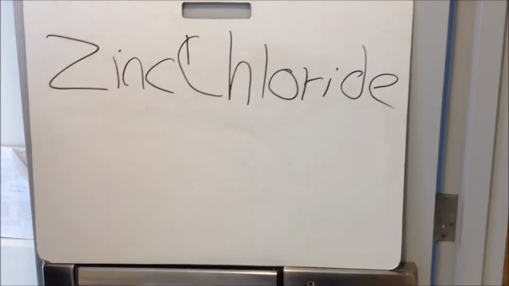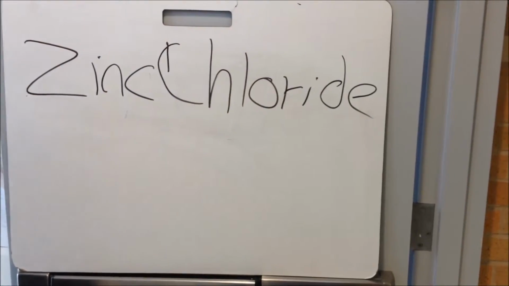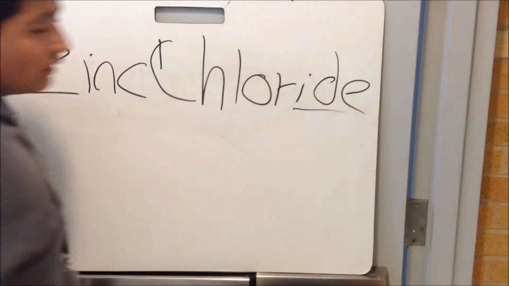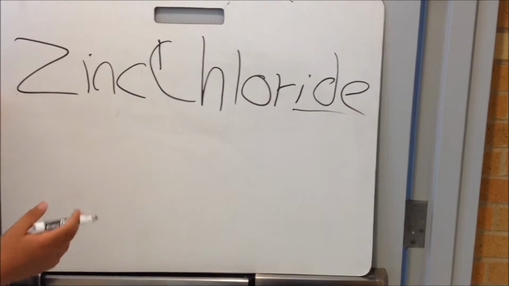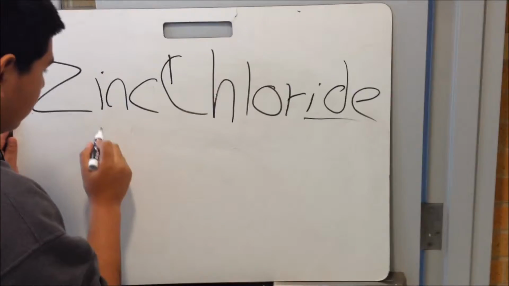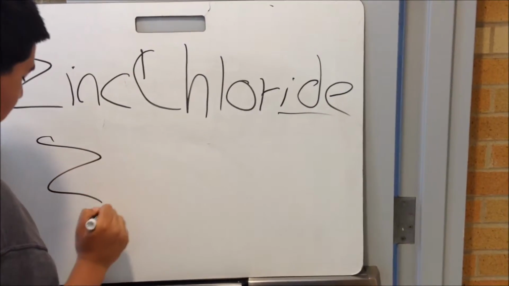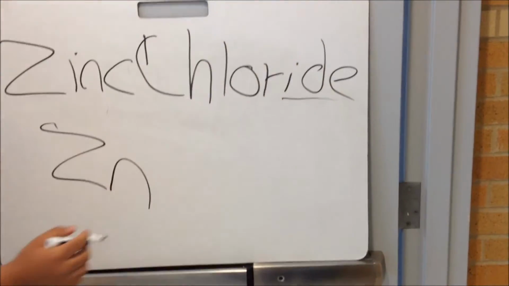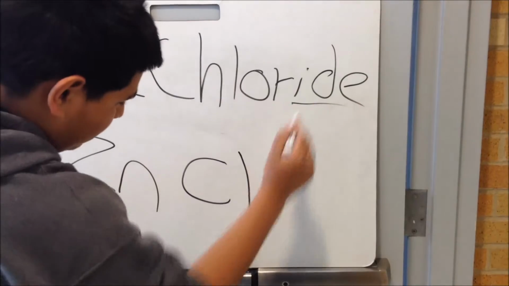Chloride, it's a nonmetal, an anion, as well as bromide. As you can see, it also has an IDE, so that means when we do the formula, or also known as the atomic symbols, there's going to be a 2 at the end. The atomic symbol for zinc is Zn. For chloride, it's Cl, and then the 2 at the end.